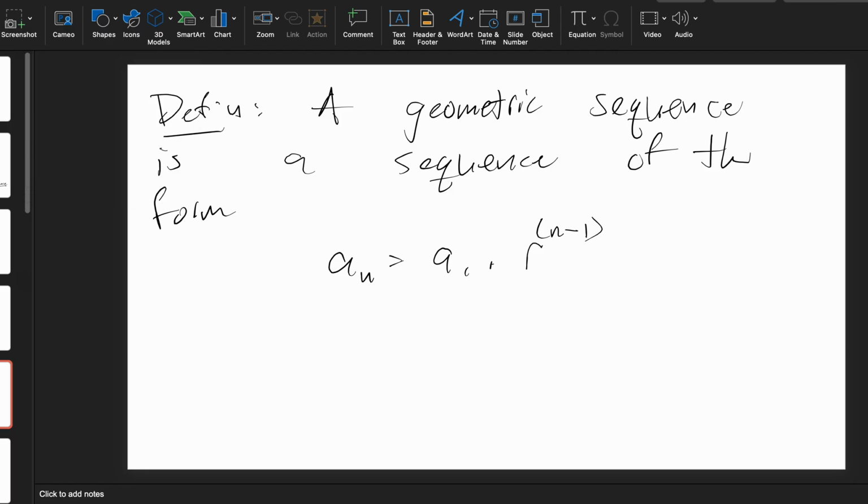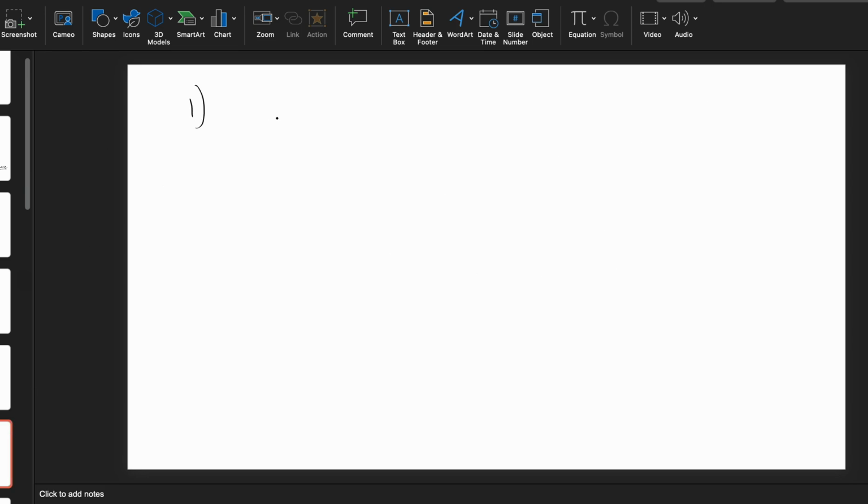All right, so let's do an example. Let's use the example that I gave you before: 3, 6, 12, 24, 48. This is a sequence. And to find the next element in the sequence, I can use the formula. So a sub n will be a sub 1 times r to the n minus 1.